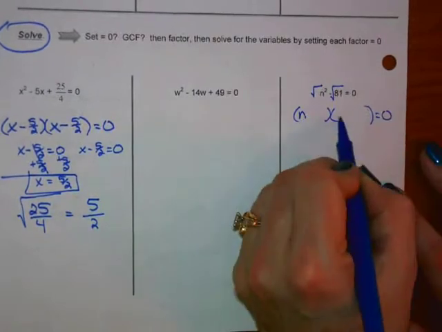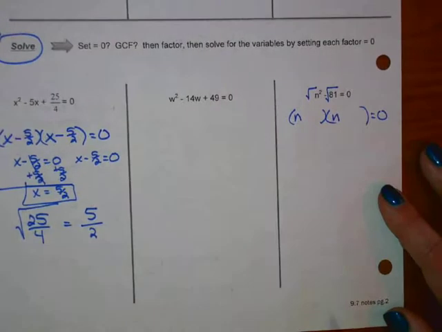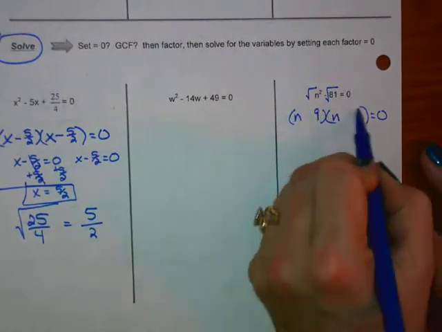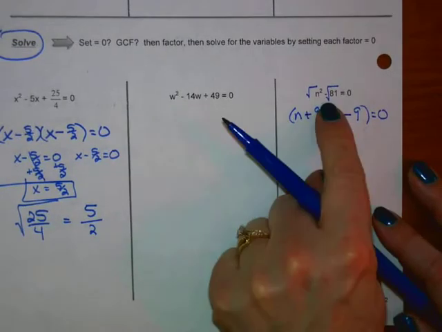I have n and n in the front. What's the square root of 81? 9. However, I have no middle term. So what goes inside there? Plus and minus. In order to eliminate that middle term, you have to have the opposite signs in the middle. Okay? Because you just started without a middle term.